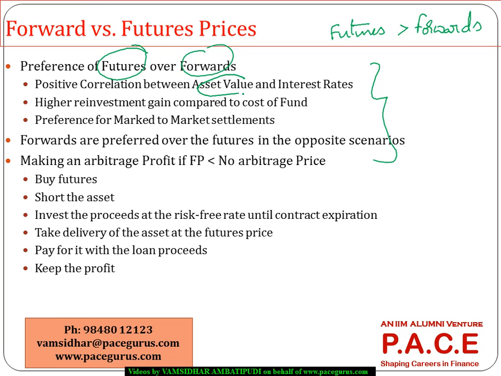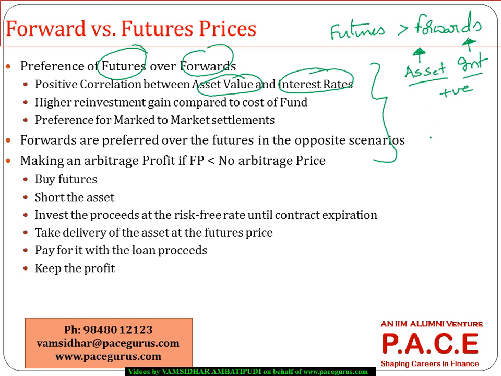Check for the correlation between the underlying asset value and the interest rates. Now what are we saying? If these two are positively correlated, meaning as the asset price is increasing, the interest rates are also increasing. Now what is happening?